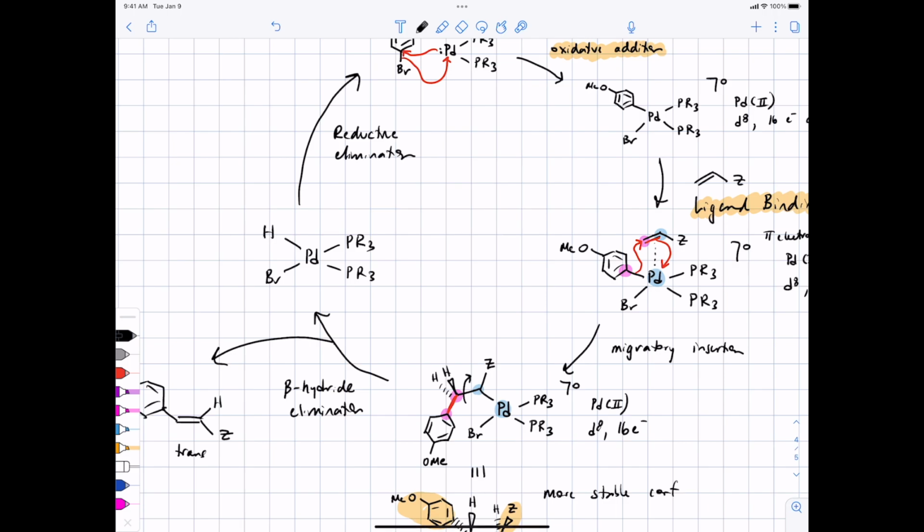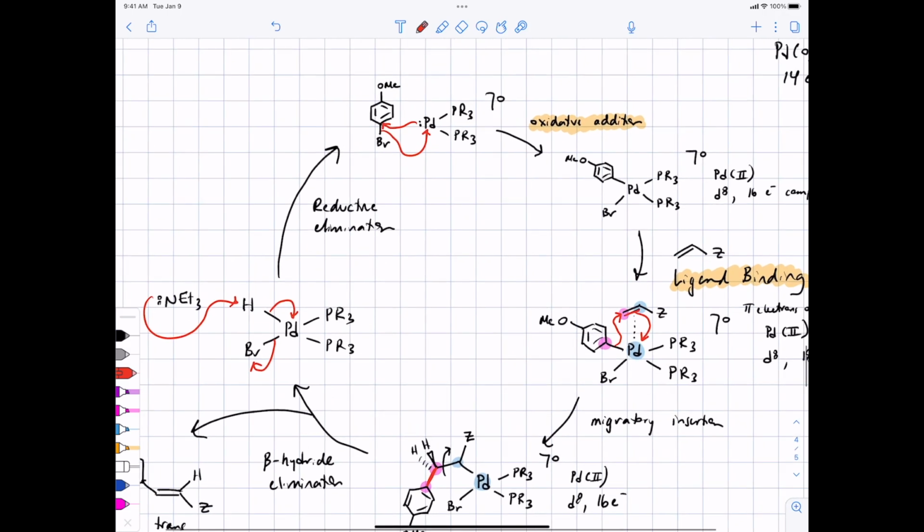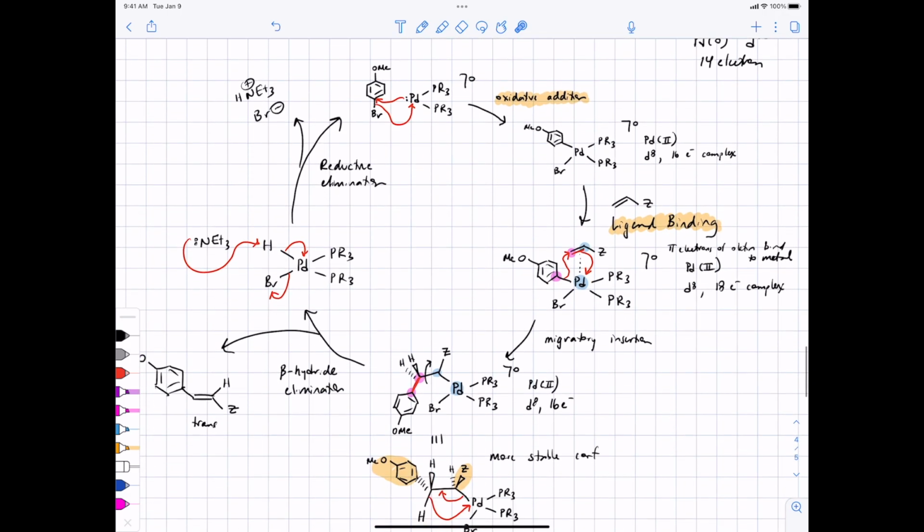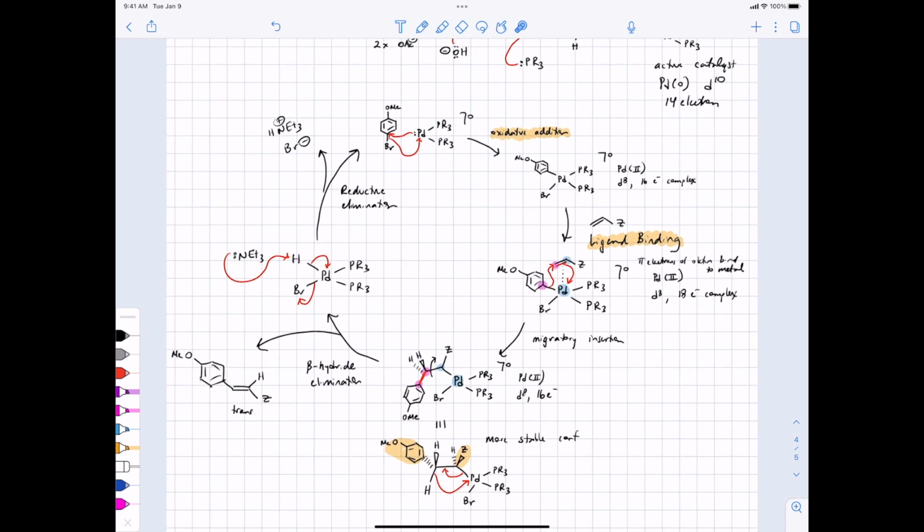And this is where the base comes in. The triethylamine base deprotonates the metal. Electrons come back onto the metal, and then Br minus leaves. We get out of that the protonated conjugate acid of our base and Br minus, and then that takes us back to our palladium 0 species. So that's the catalytic cycle.